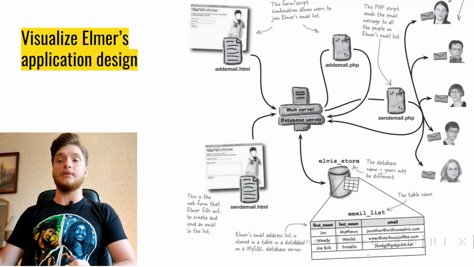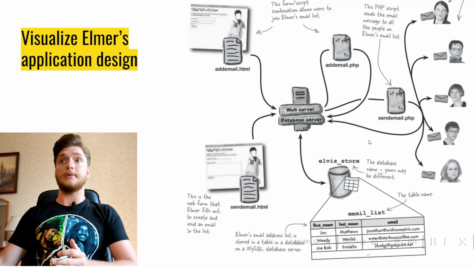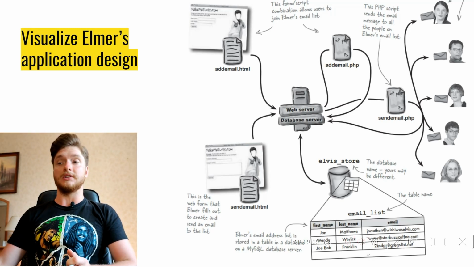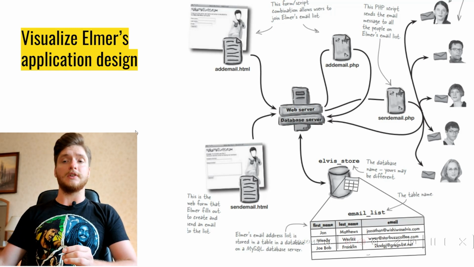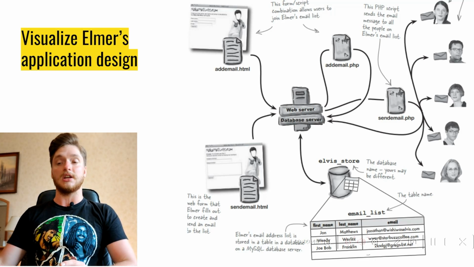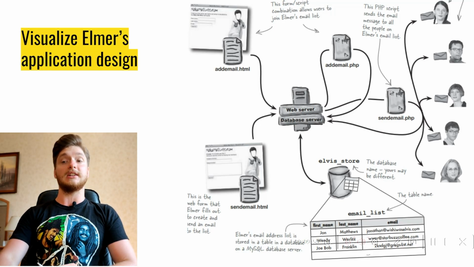The database name and the table name may be different in your case. This is a web form that Elmer fills out to create and send an email to the list. Elmer's email address list is stored in a table in a database on the MySQL database server.